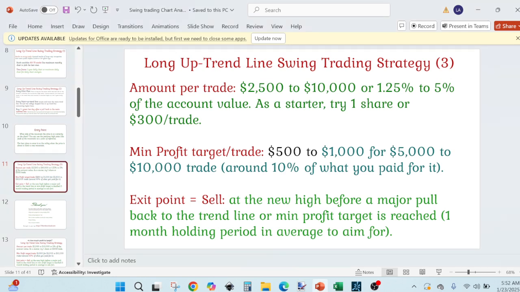Therefore, even if you are allocating a small dollar amount of your capital to each trade, you just aim for a 10% return on it. That way you won't freeze all your capital within a few stocks, and you can have funds available as you keep adding to your account little by little every month.